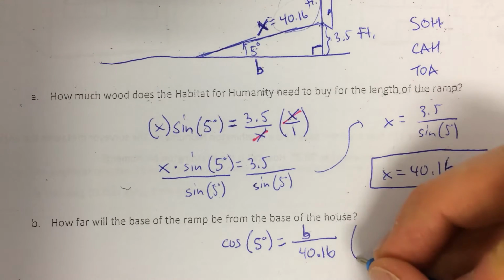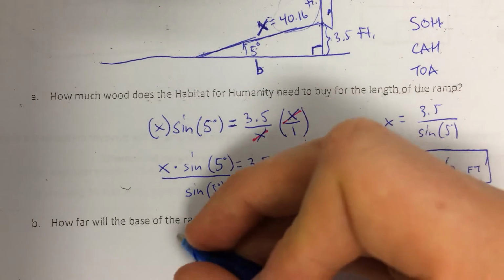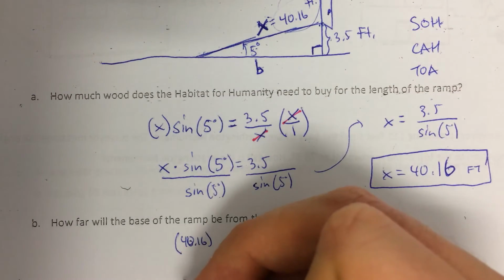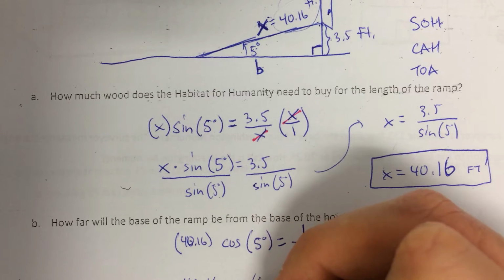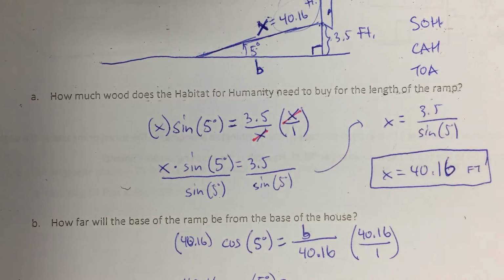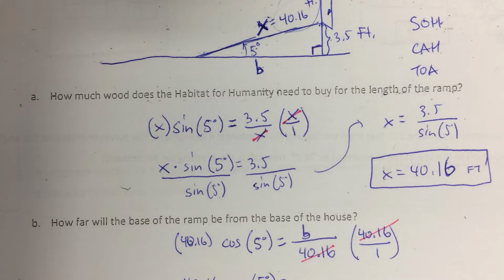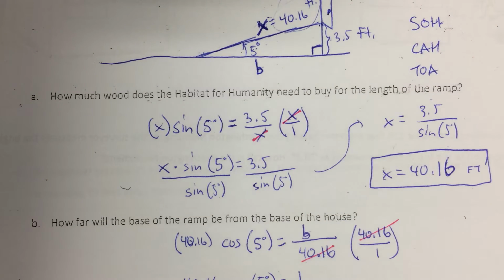So what we're going to do here is multiply both sides by 40.16. So we have 40.16 cosine of 5 degrees. These 40.16s would divide out, and we're left with b. So be careful here. The temptation in class was to multiply both sides by b.